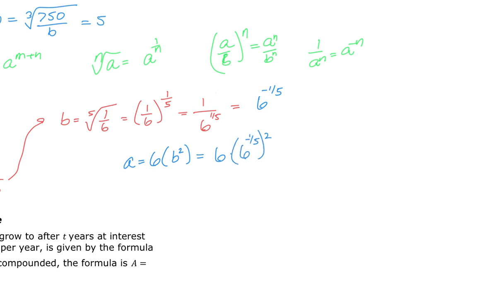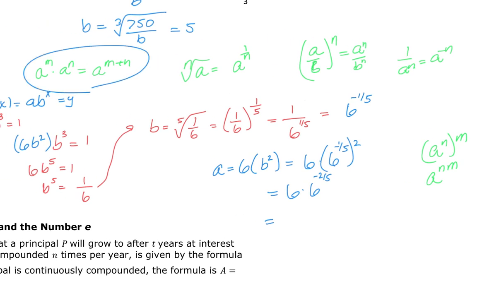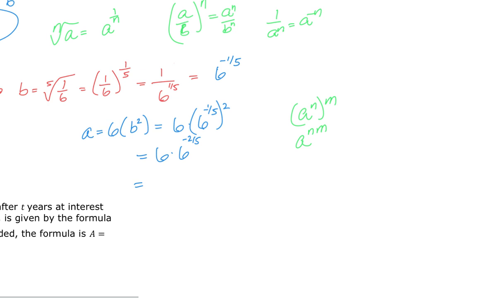I'm using this power to power rule: if I have a to the n, raised to the m, this is a to the n multiplied by m. So this is going to be 6 multiplied by 6 raised to the negative 2/5. Using the rule for adding exponents, that is just going to be 1 minus 2/5, which gives me 6 raised to the 3/5. So now I have found my a.